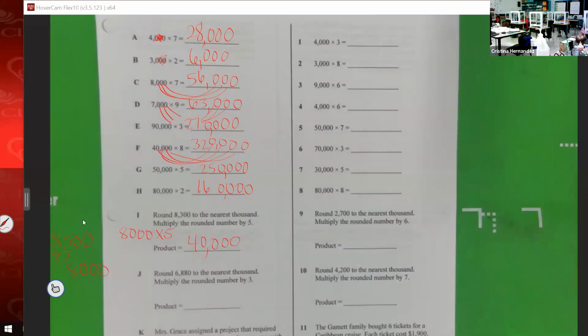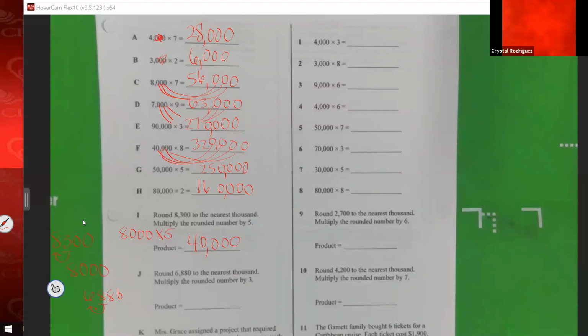We are going to round 6,880 to the nearest thousand. So is it going to round up or is it going to round down? Round up.